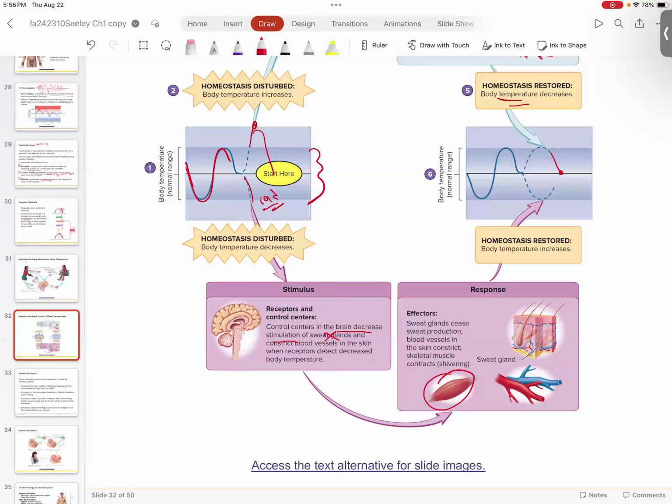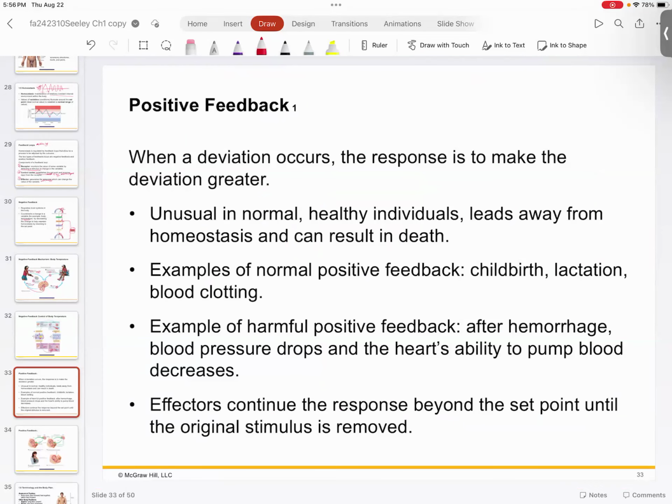When you start to shiver, that's your body trying to bring your core body temperature back up. They're generating a lot of heat, and you're maintaining that heat in your blood vessels. So you can see in this case, you have mechanisms for both sides. Okay, so that's negative feedback.